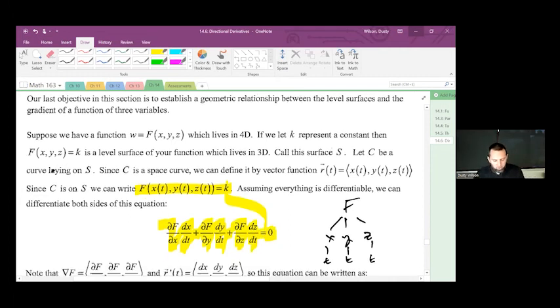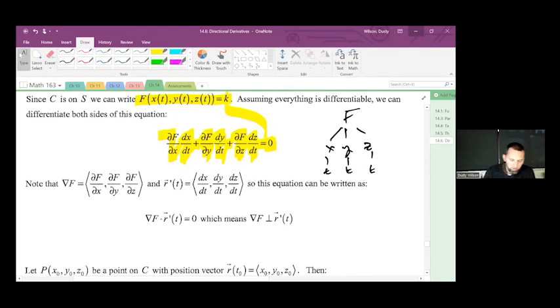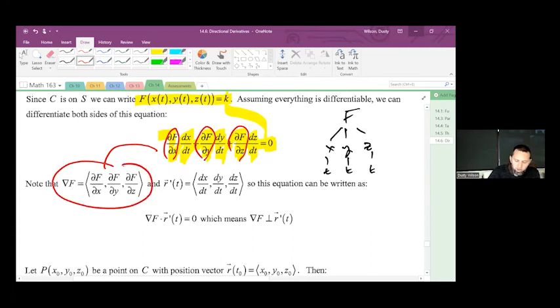And we recognize the gradient showing up here. These first terms are all part of our gradient of big F, which is the partial of f with respect to x, comma, partial of f with respect to y, comma, partial of f with respect to z. And then we have the second terms, the dx dt, dy dt, dz dt.